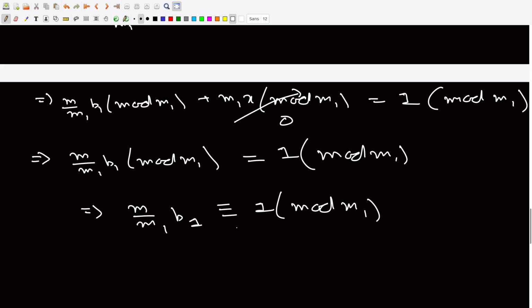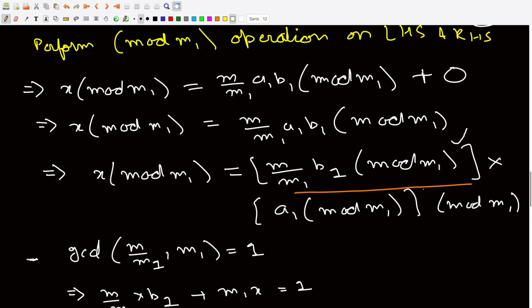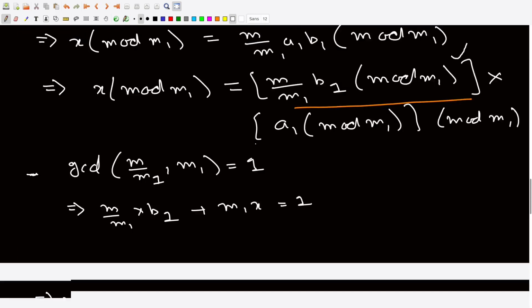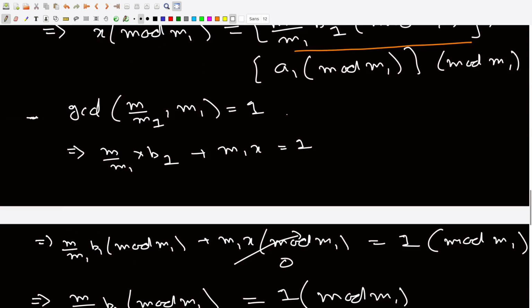Now put this in the earlier equation, so this is substituted by 1 mod m1. Rewriting, x mod m1 equals a1 mod m1, right?